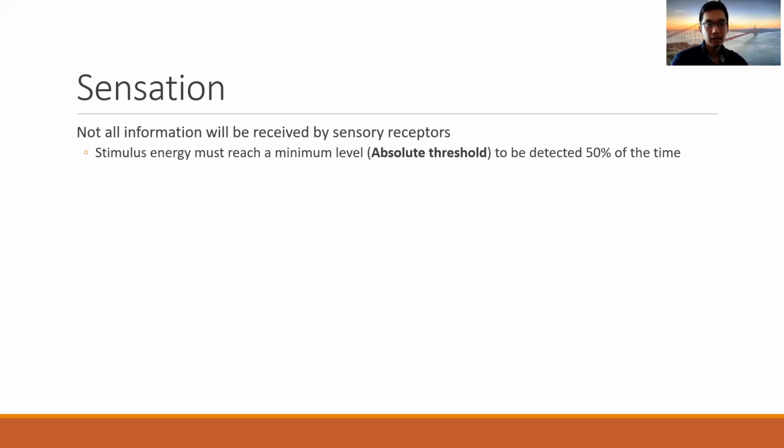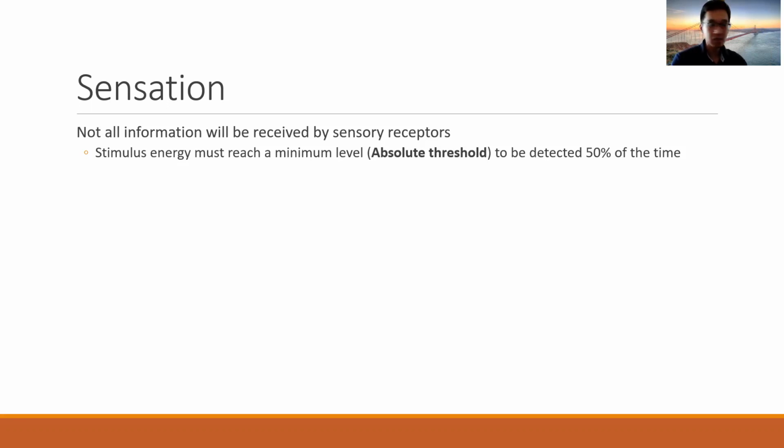So the stimuli in the outside environment must be strong enough so that a certain sensory receptor can detect it. That means there is a threshold for the sensory receptors to get that information. For example, the light must be bright enough, the sound must be loud enough for us to hear.